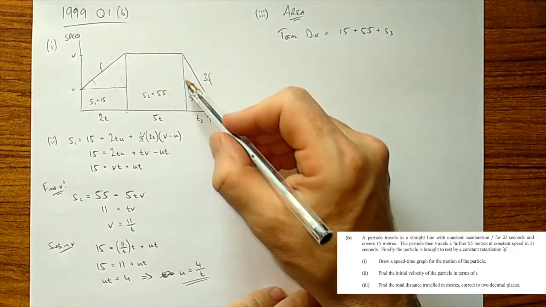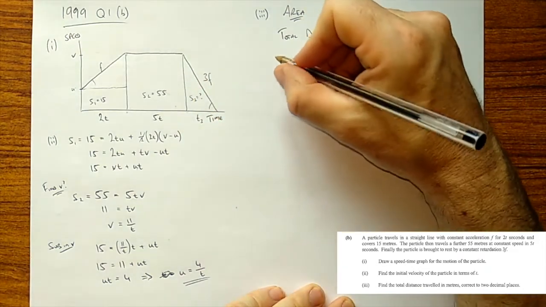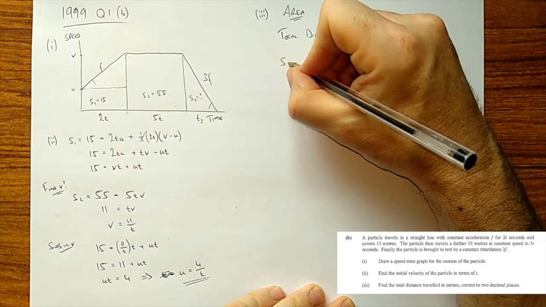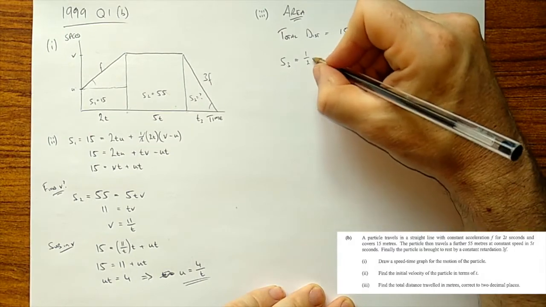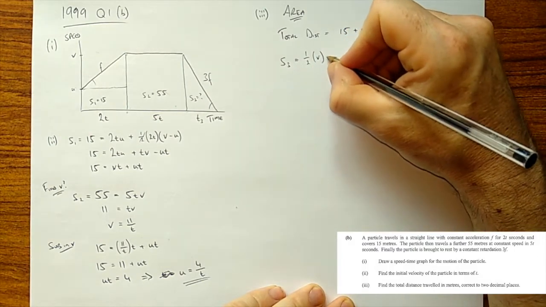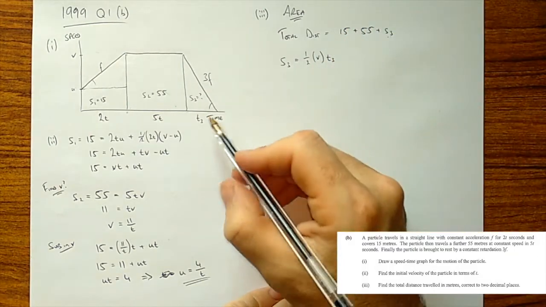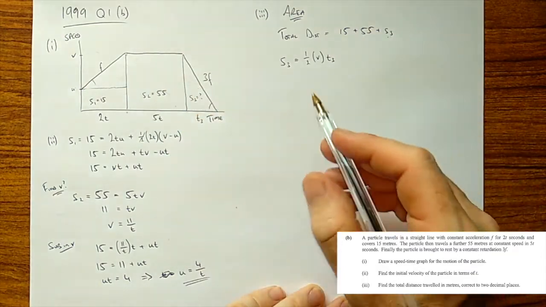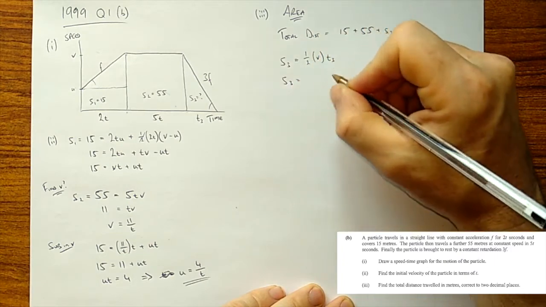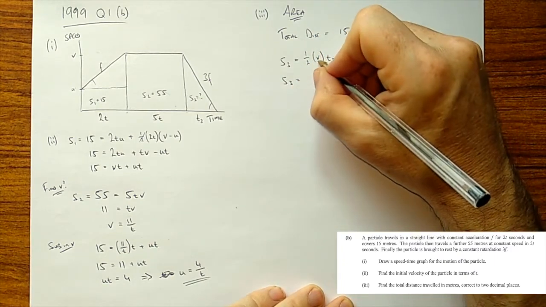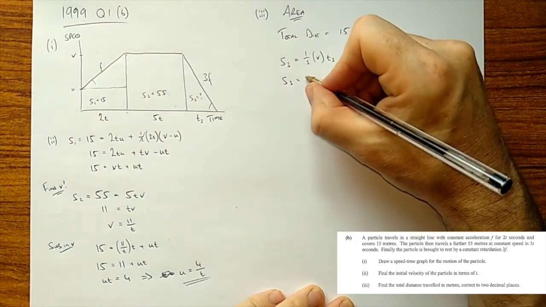So how are we going to look at this? Well, I would like to look at this triangle. So I know that S3 equals a half by V by T3. I'm just calling it T3 because this is section 3 of the whole thing. So S3 equals, we do know V, let's pop that in there.